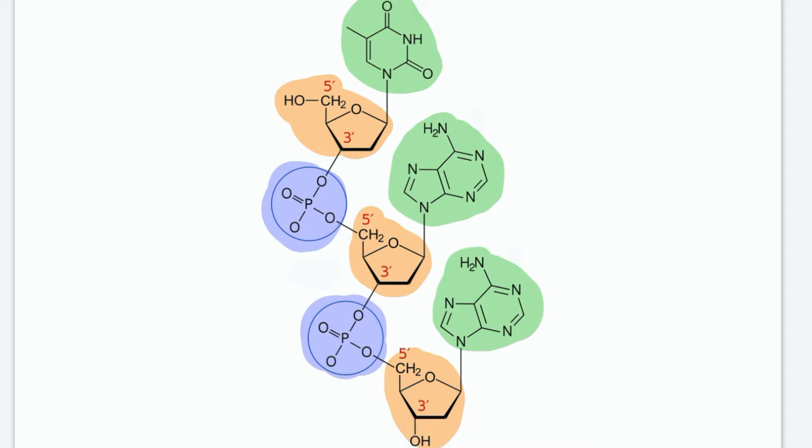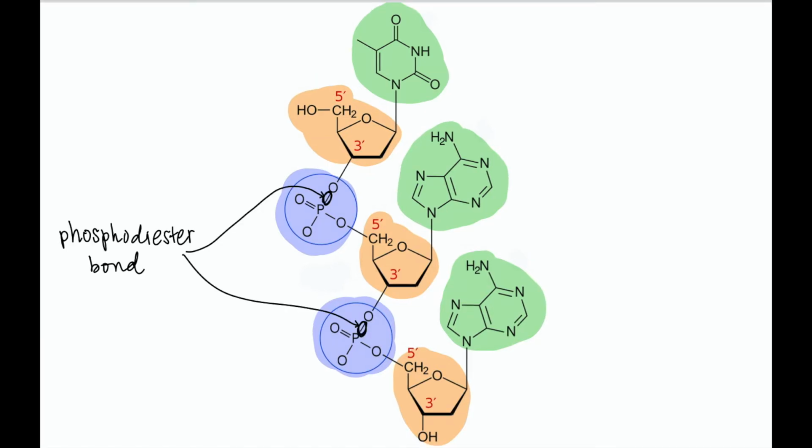And just a note that the phosphate group of the top nucleotide is cut off in this image. And here is a phosphodiester bond, which actually links the nucleotides to each other in a single strand of DNA. The phosphodiester bond is between the oxygen connected to the 3' carbon and the phosphate group of the next nucleotide.